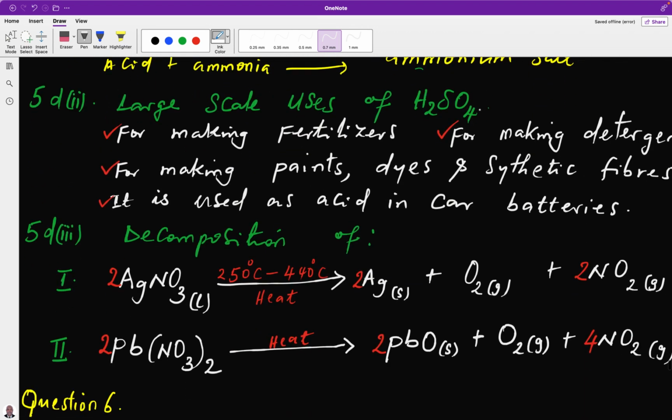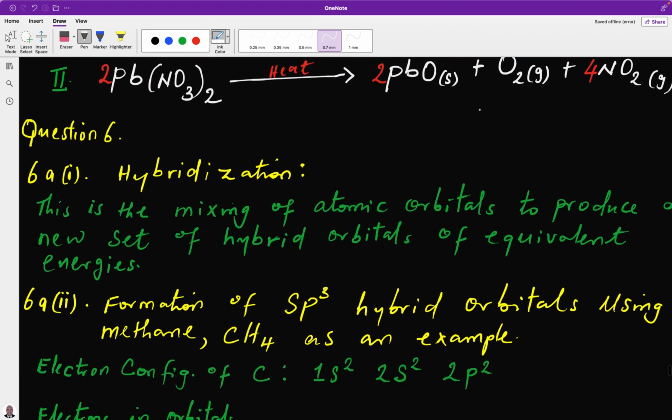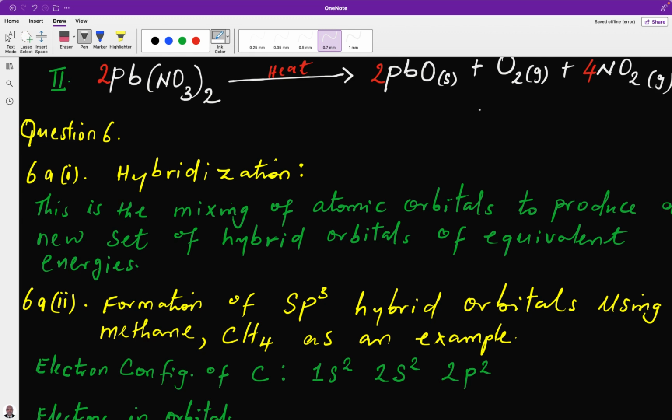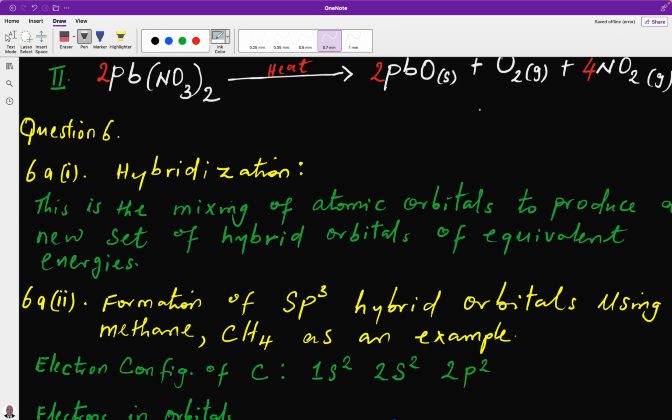Hybridization is the mixing of atomic orbitals to produce a new set of hybrid orbitals of equivalent energies. Formation of an sp3 hybrid orbital using methane as an example.